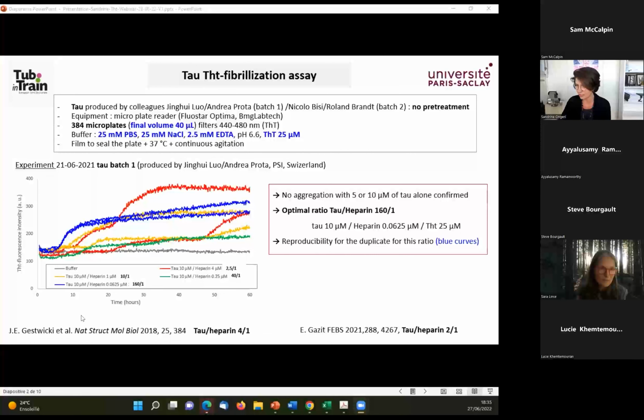In particular, usually heparin is necessary to induce the aggregation of tau, and usually the ratio of tau to heparin is about 4:1 or 2:1, but in our hands, this was not able to give very reproducible curves. So we had to optimize, and Julia found that a large excess of tau and a very small amount of heparin was good to obtain these blue curves, so very reproducible curves.